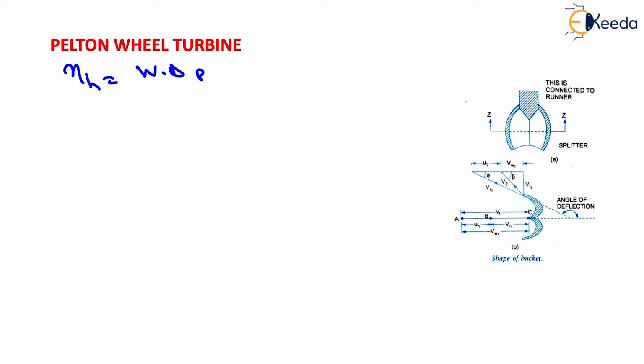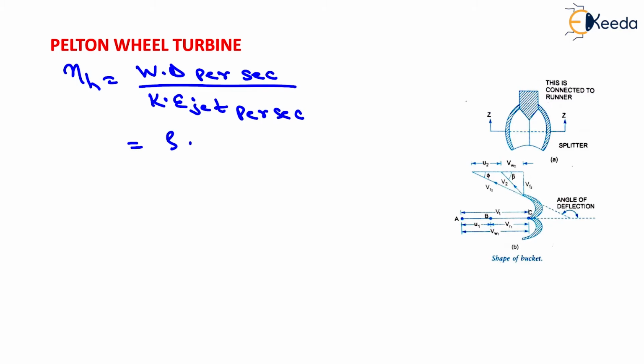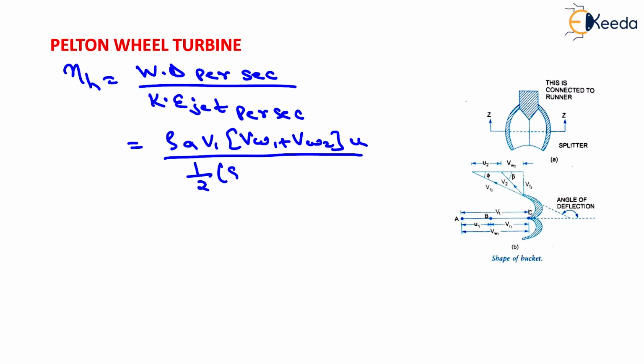Now we have to find the hydraulic efficiency of the turbine, so it will be equal to work done per second divided by kinetic energy of jet per second. So we will put the values here, that is rho into A into V1 into (VW1 plus VW2) into U upon half of rho A into V1 into V1 squared.